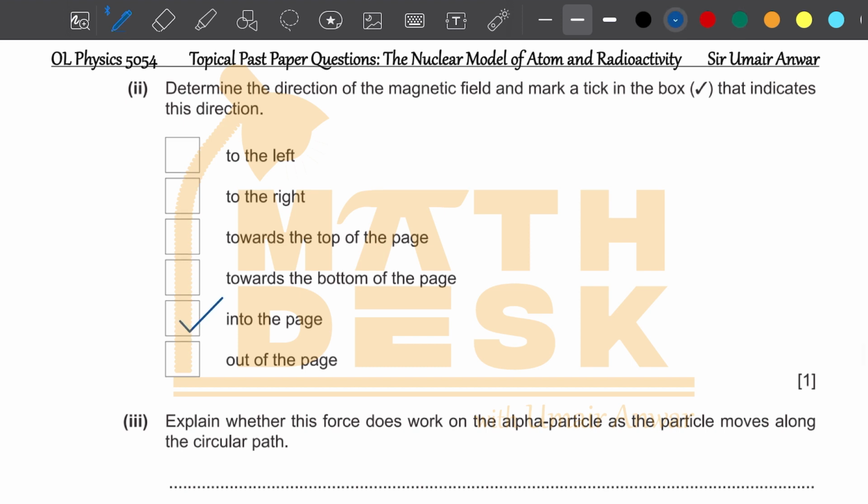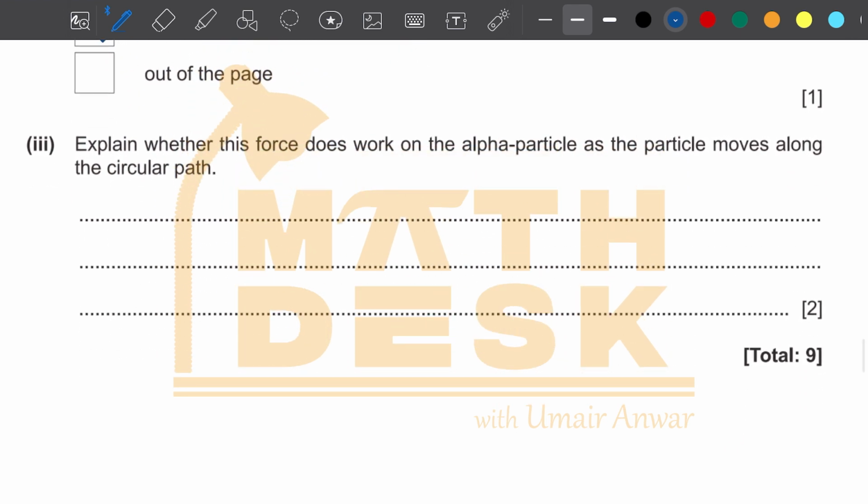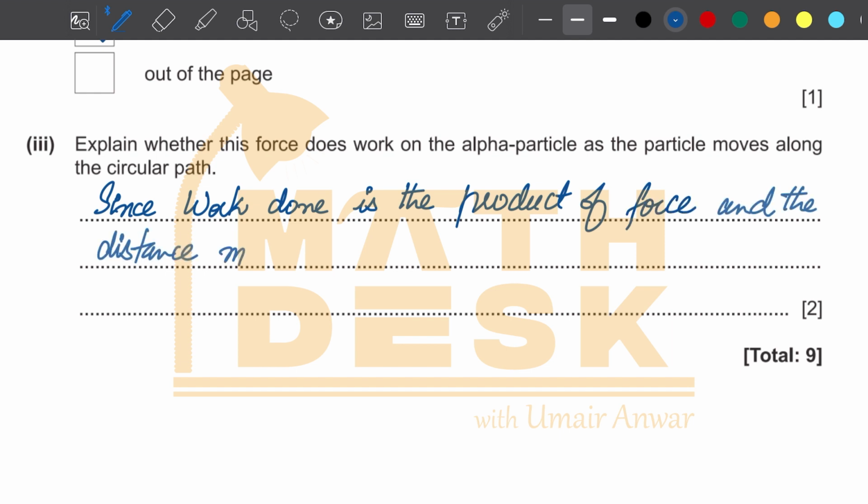The next part says explain whether this force does work on the alpha particle as the particle moves along the circular path. We know that the work done is the product of force and the distance moved in the direction of force.